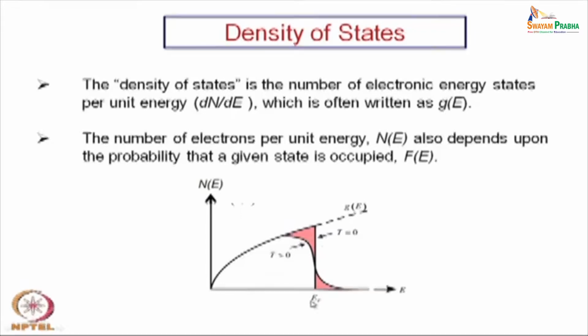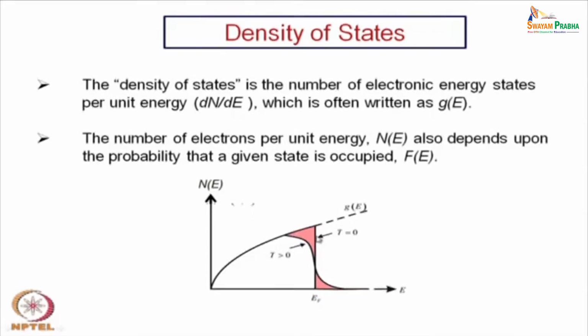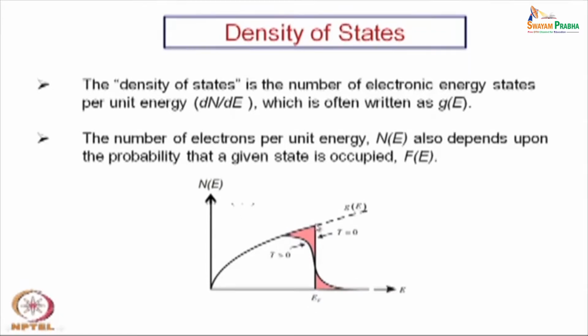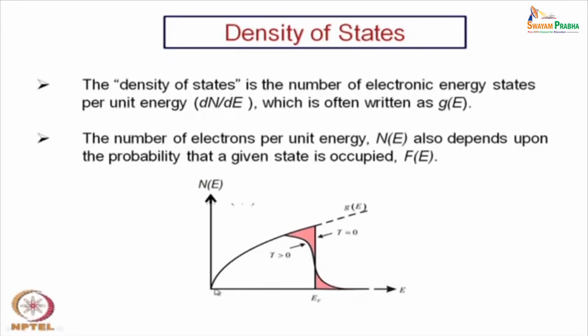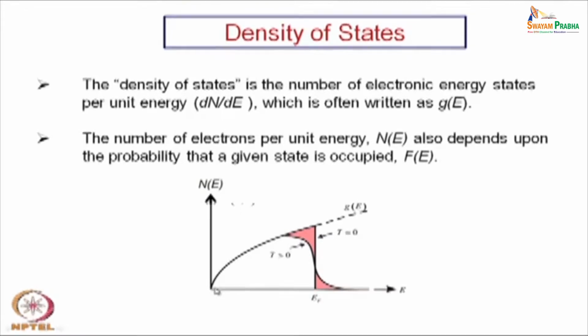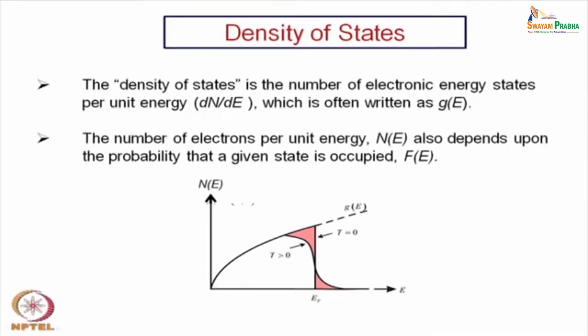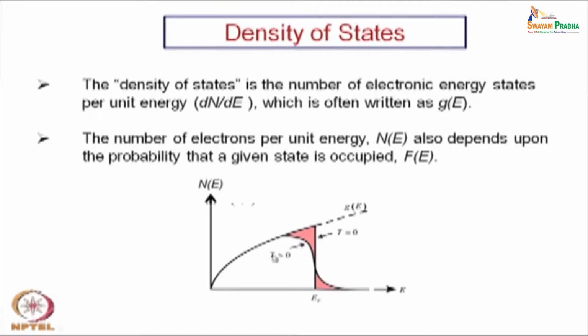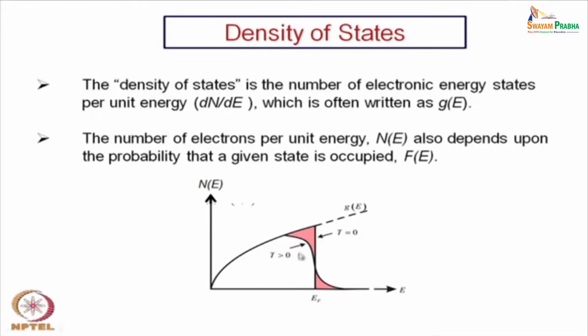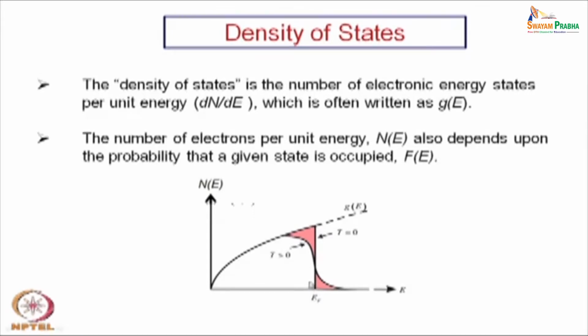For example, at T equal to 0, up to EF everything will be filled up, and this will be the distribution function. That means at the lower energy, a smaller number of electrons will be there, and at higher energy more electrons will be there, more energy states will be available.